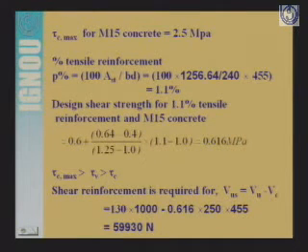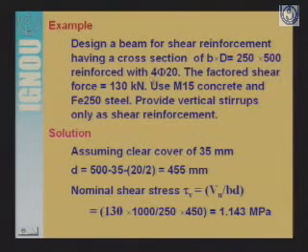The percentage of reinforcement you can calculate as Ast by bd into 100, where Ast is the area of tensile steel. In the problem, 4 bars of 20 mm are given.